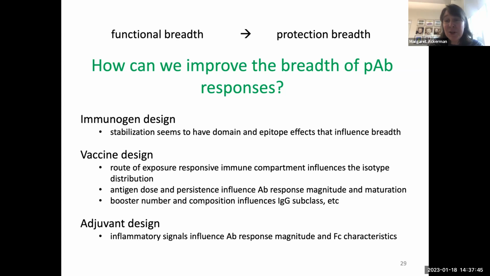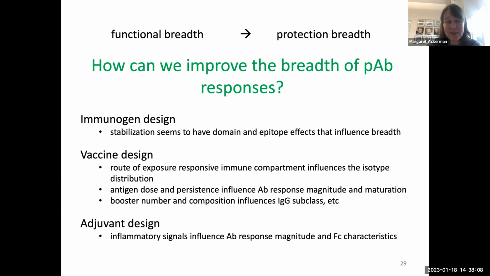So immunogen design, I mentioned those differences in the breadth profiles observed between vaccinated subjects and naturally infected subjects. So stabilizing the spike protein seems to potentially have had an effect on domain and epitope specificity that influences the breadth of effector functions.